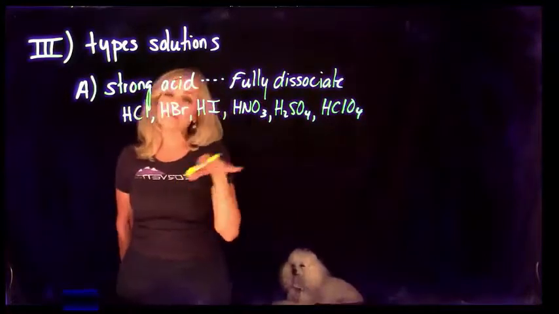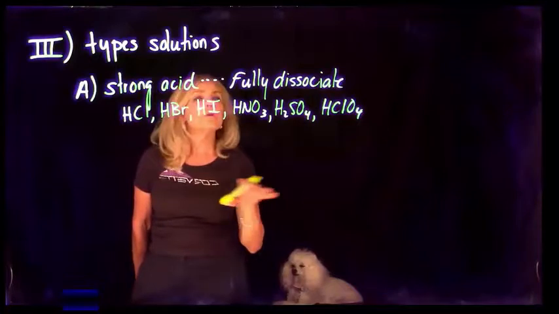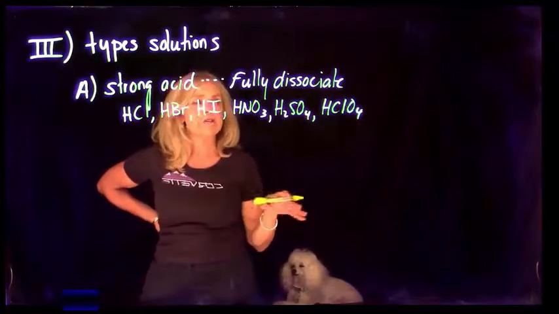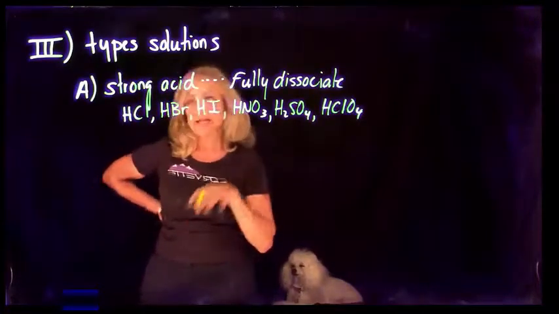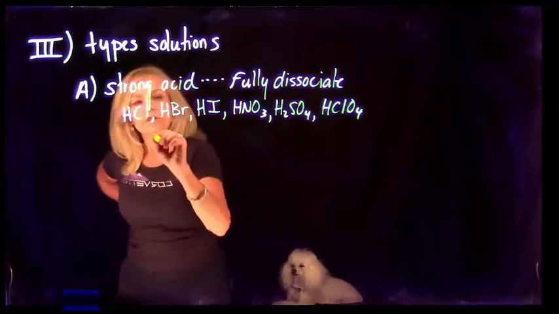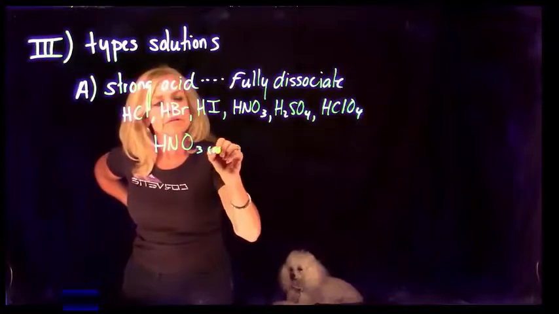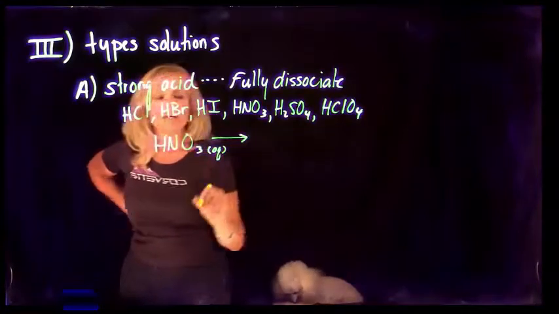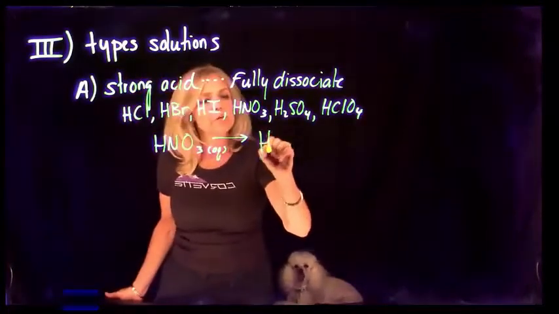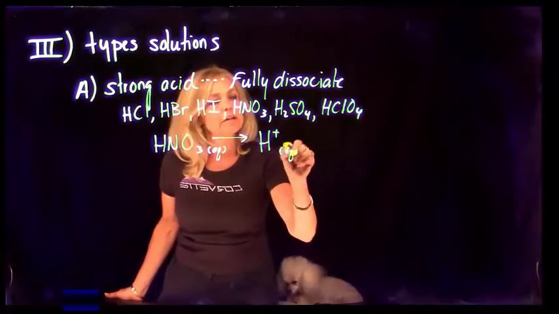These substances, when placed in aqueous solution, will fully break up into the corresponding hydrogen ion and anion. For example, nitric acid, when placed in aqueous solution, is going to break up into a hydrogen ion.